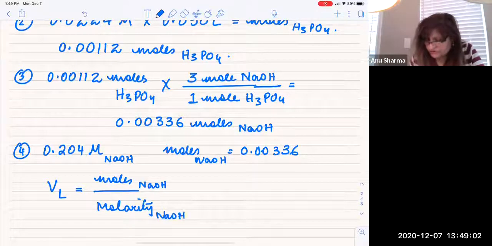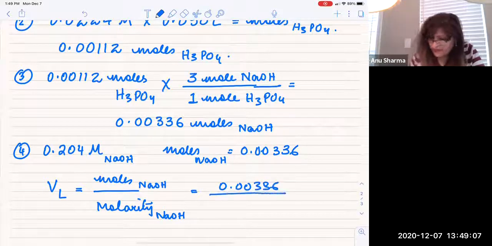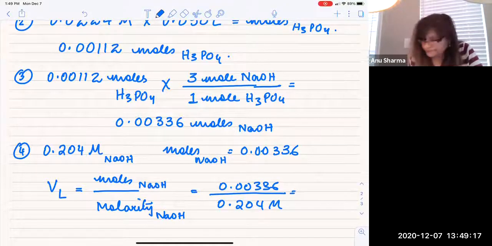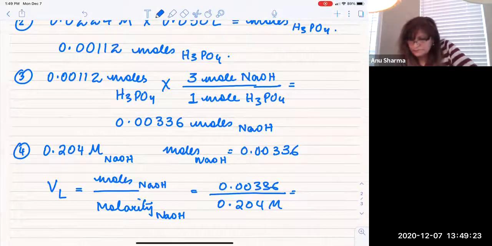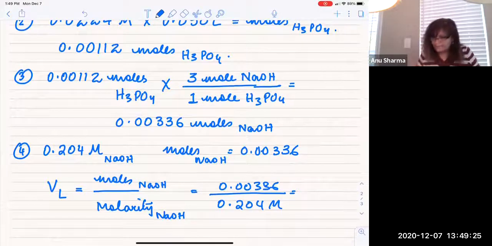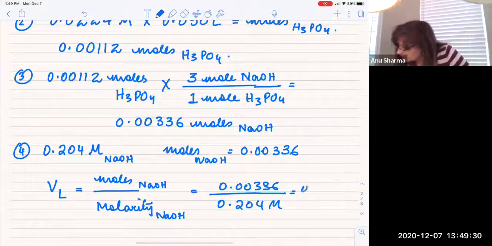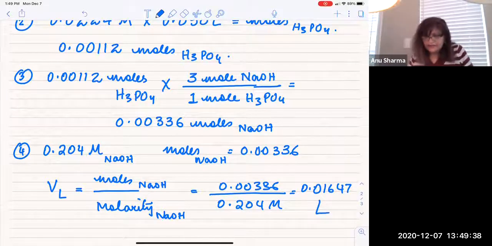So do this: 0.00336 divided by the molarity, 0.204 M. What do you get? 0.01647 liters. Okay, yeah. So liters, but pay attention to the details.